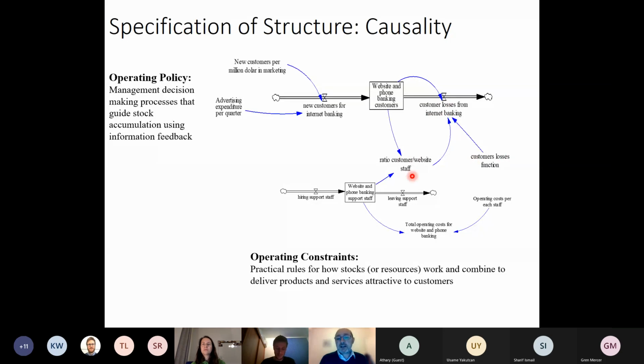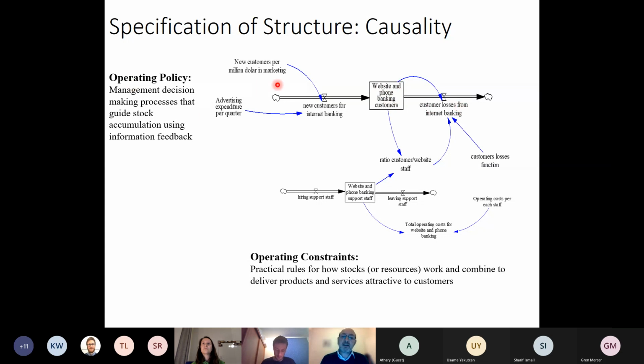And how do you measure that? Many times it's a ratio between what is the demand for some service and what is the supply for some service. And that ratio, if it moves in a certain way, will generate an outflow, especially in the stock, in the accumulation of customers.